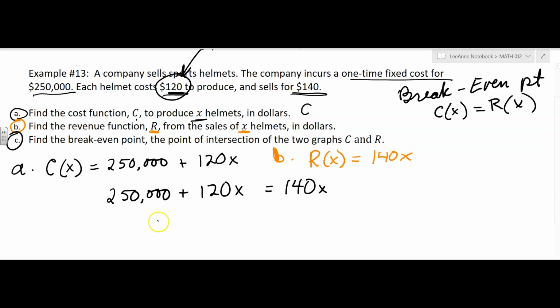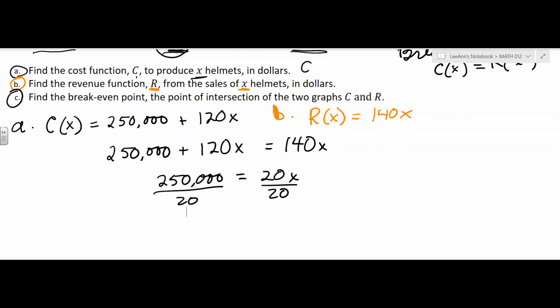So we solve this. 250,000 equals 20x. Divide both sides by 20. So what is that going to be? 12,500.